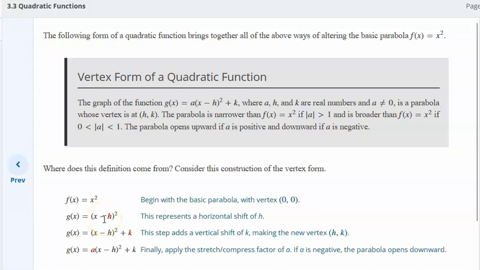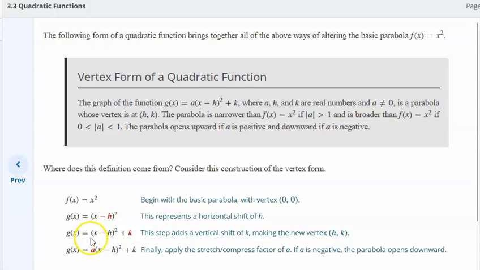Now remember, if h, this value, negative h, we had a positive value that we shifted to the right or left. And if it were negative, again, depending on the sign, it's a little tricky because there's a negative in this formula.